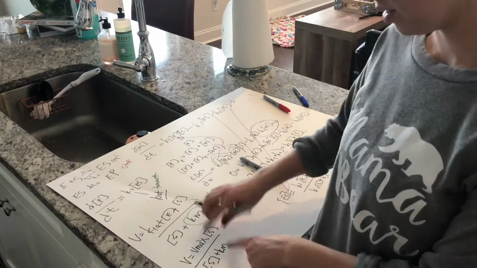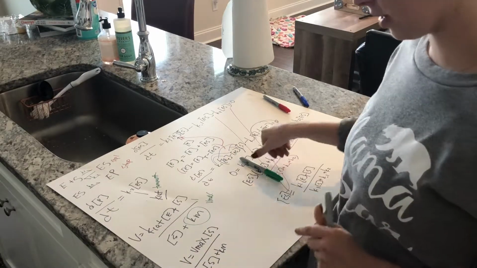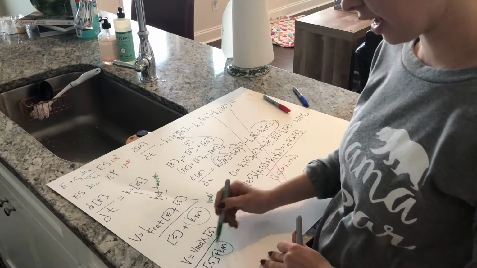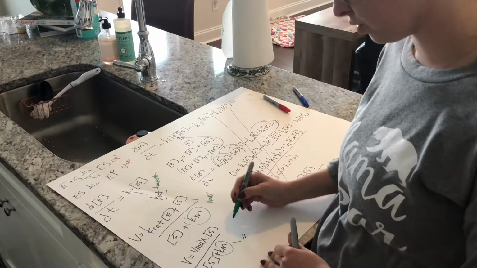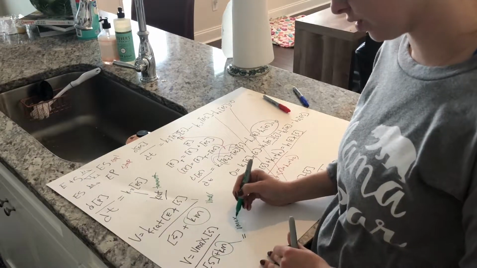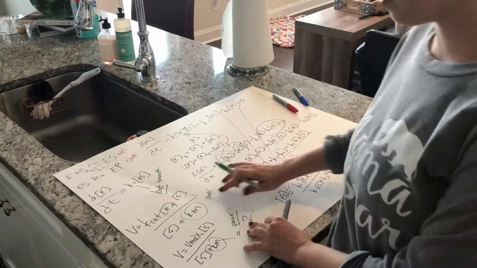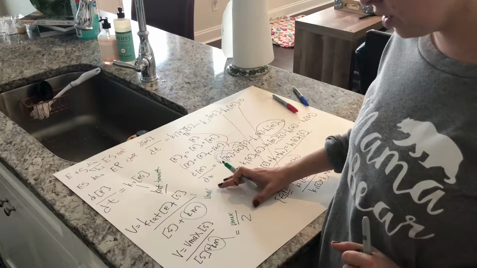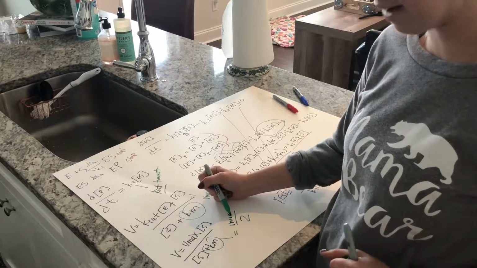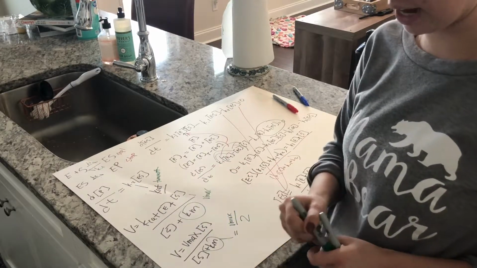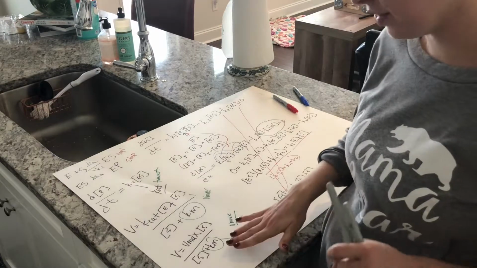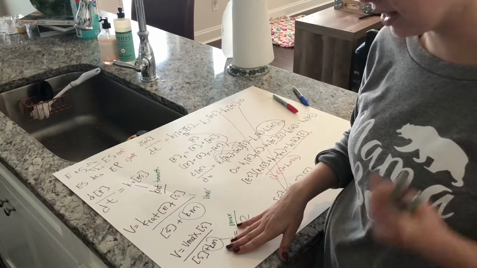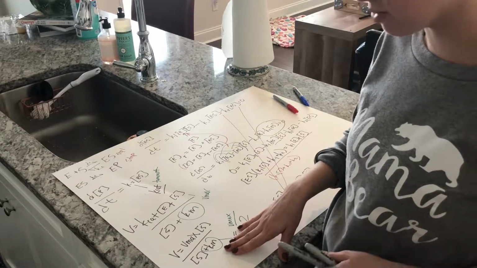So Km and Vmax. Now that we can talk about Km a little more, we can say Km is equal to Vmax over 2. Km is equal to half the Vmax. So when half of those enzyme substrates are bound, we get half of Vmax, which is related to the Km. So it's a way for us to tell the affinity, the likelihood, the strength that those substrates want to bind.